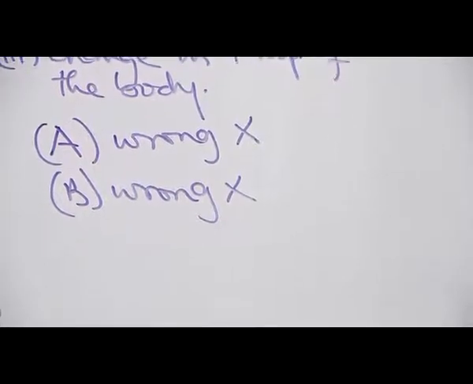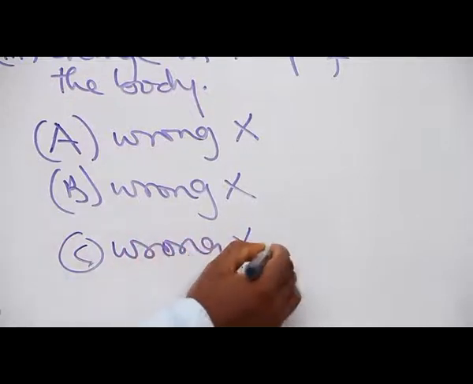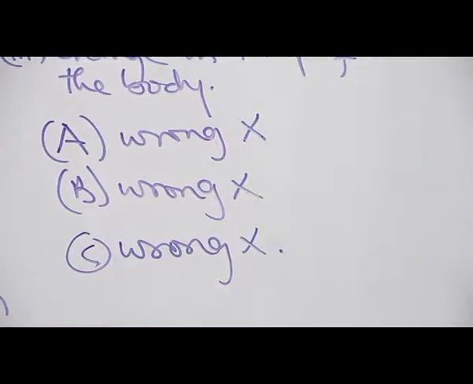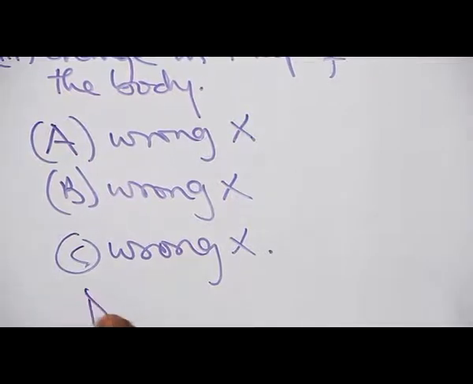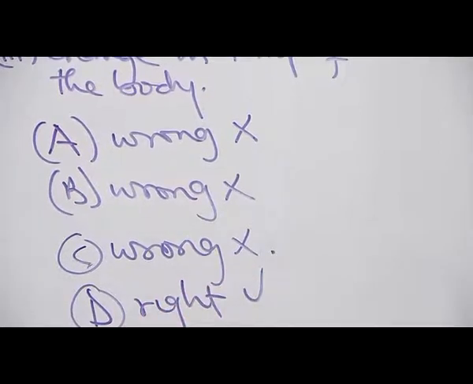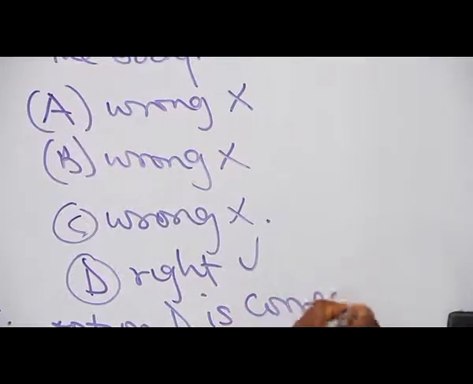The specific heat capacity of iron is lower than that of water. C is wrong. D, specific heat capacity of water is higher than that of iron. This is correct, and that is the reason why the iron gets heated much more than the water. D is correct. Option D is correct.